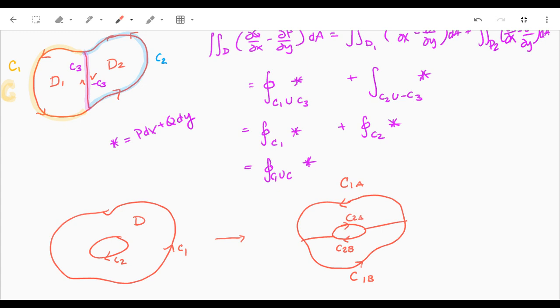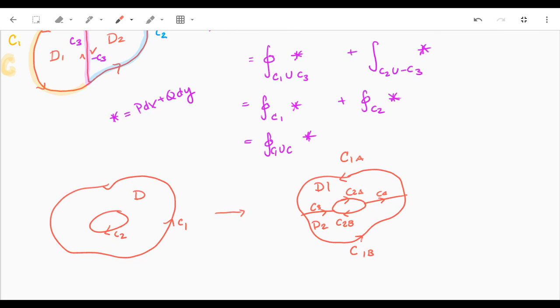And then I also added in two new pieces there. I've got C3, which I'm going to maintain the orientation in C1, all the A's. And then I'm going to have C4, which means if I'm looking at the bottom region, D2, those C1 and C3s would have to be negative to maintain that counterclockwise orientation.